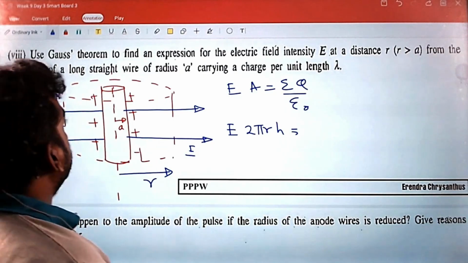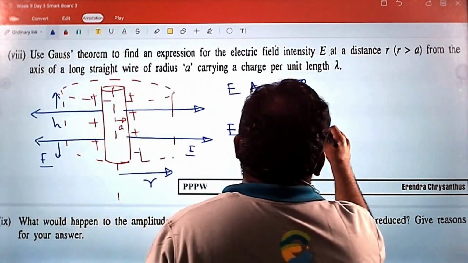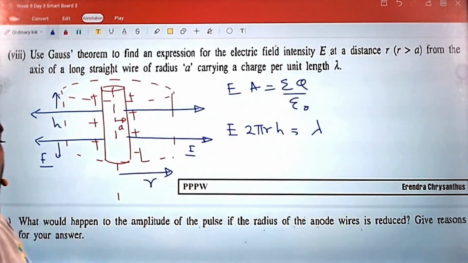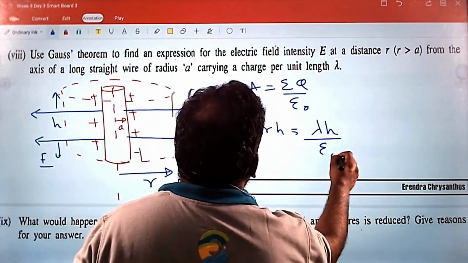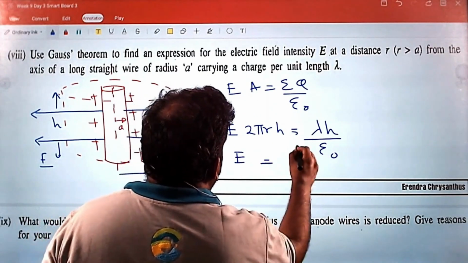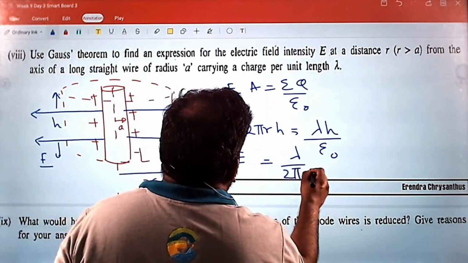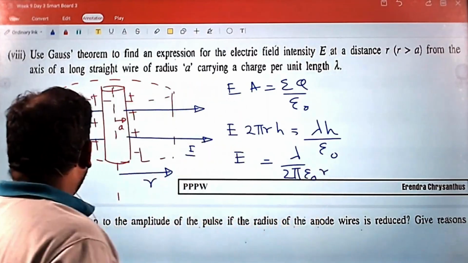Total sum of charges here: lambda times L, or lambda times h, since it is distributed along a length only. Electric field is lambda divided by 2 pi epsilon naught r.